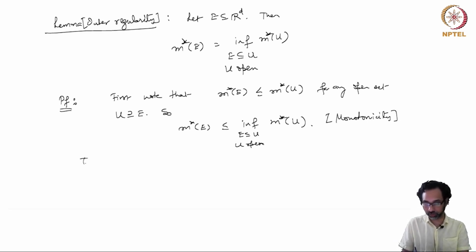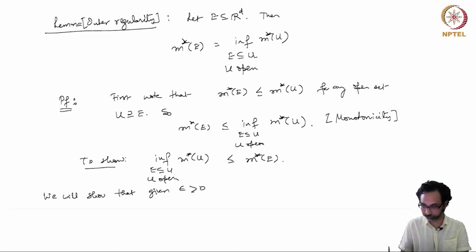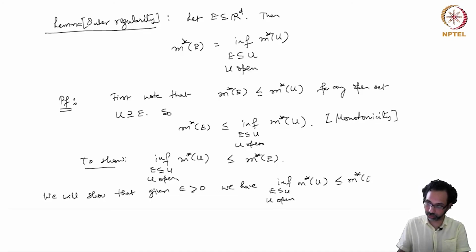Now it suffices to show the reverse inequality, which is that the infimum over open sets of m star U is less than or equal to m star E. In particular, what we will do is show that given epsilon greater than 0, the infimum of these m star U is less than or equal to m star E plus epsilon.